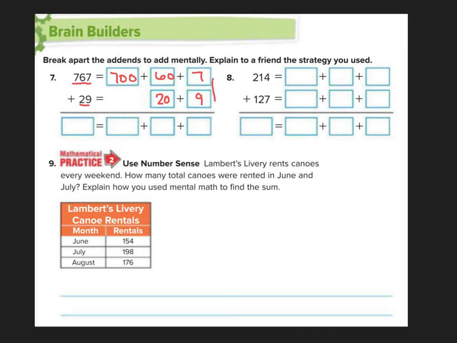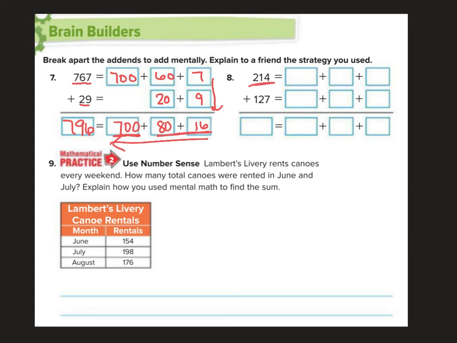And I'm adding up and down here. 7 and 9 makes a 16. 60 and 20 makes an 80. 700 is adding to 0. Now I'm adding this way. So 80 and 16 makes a 96. And then add in my 700, 796.